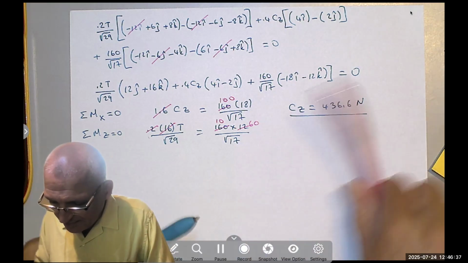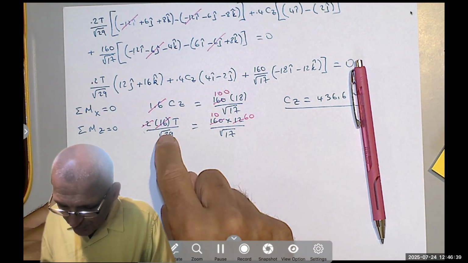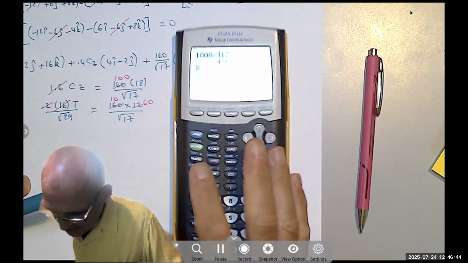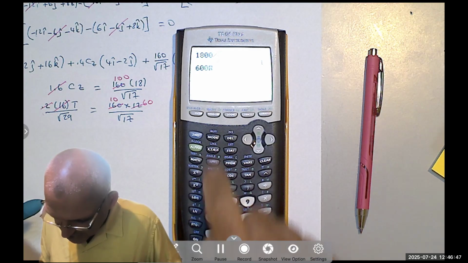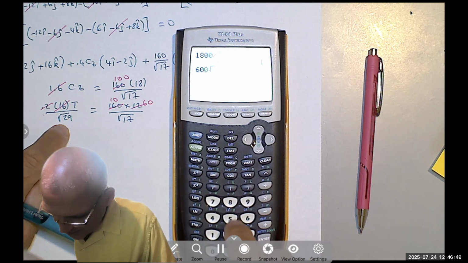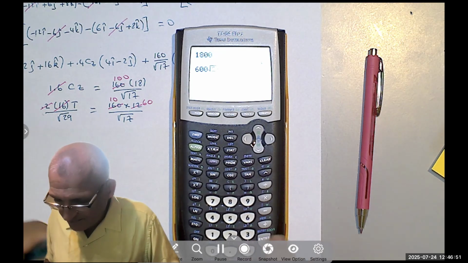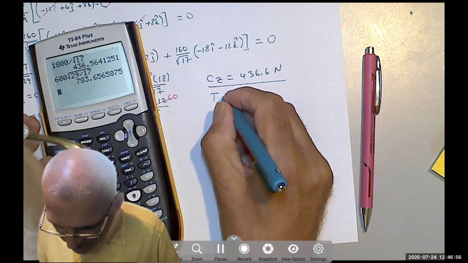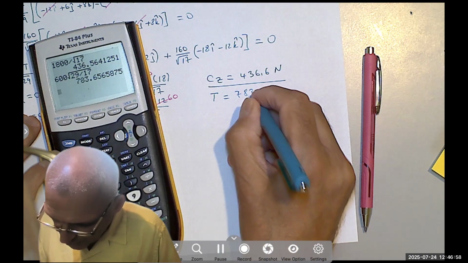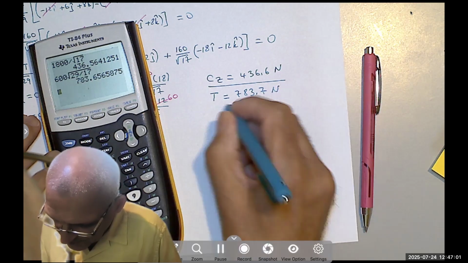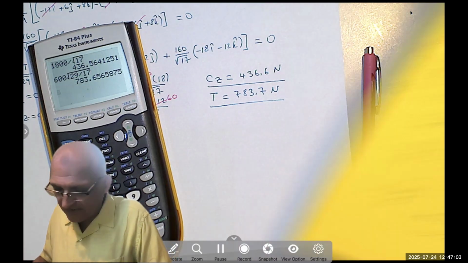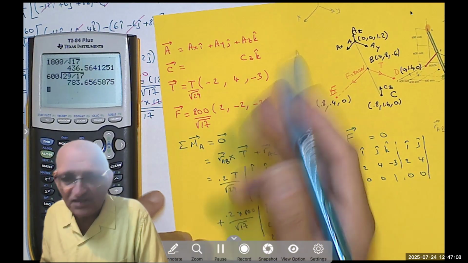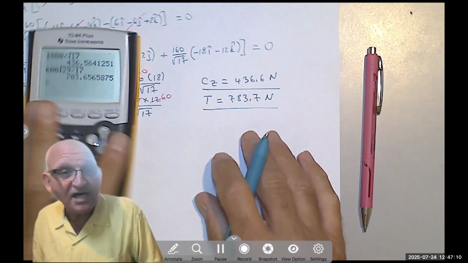So really t would be 600 root 29 divided by root 17. 600 times the square root of 29 over 17. And you get 783.7 Newton. So the tension is 783.7 Newton. And if I want to write it in vector form, I'm going to write it like that. But you don't need to. You see how easy it is?